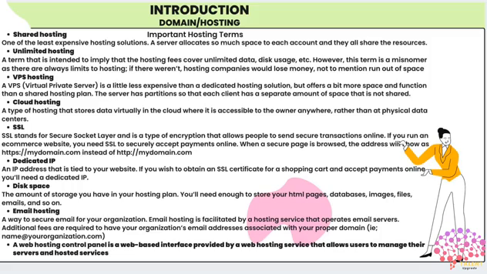Then SSL, it stands for secure socket layer. If your website is encrypted with SSL, it is secure to perform transactions, whereas otherwise it can be infiltrated by hackers or spoofers.